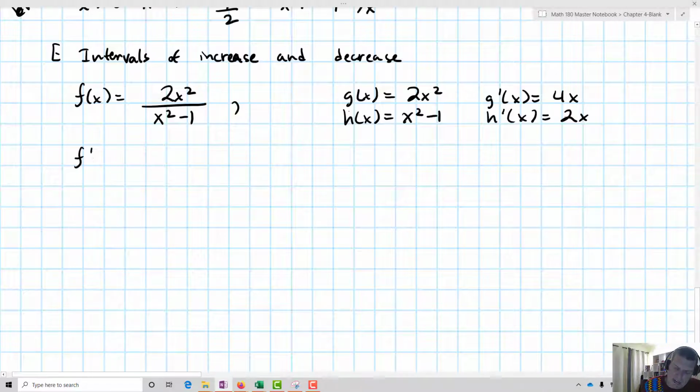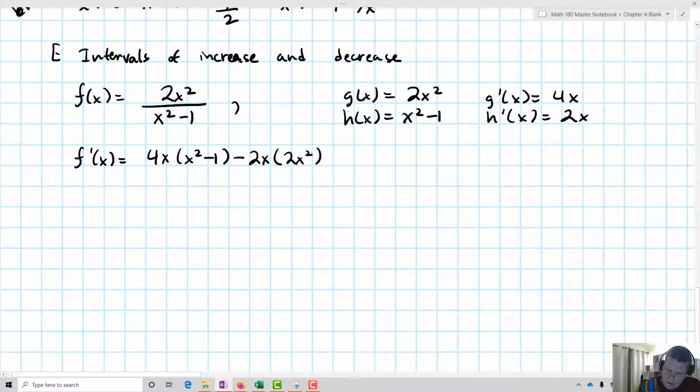So consequently, f prime of x will equal 4x times x squared minus 1 minus 2x times 2x squared, all divided by x squared minus 1 squared.